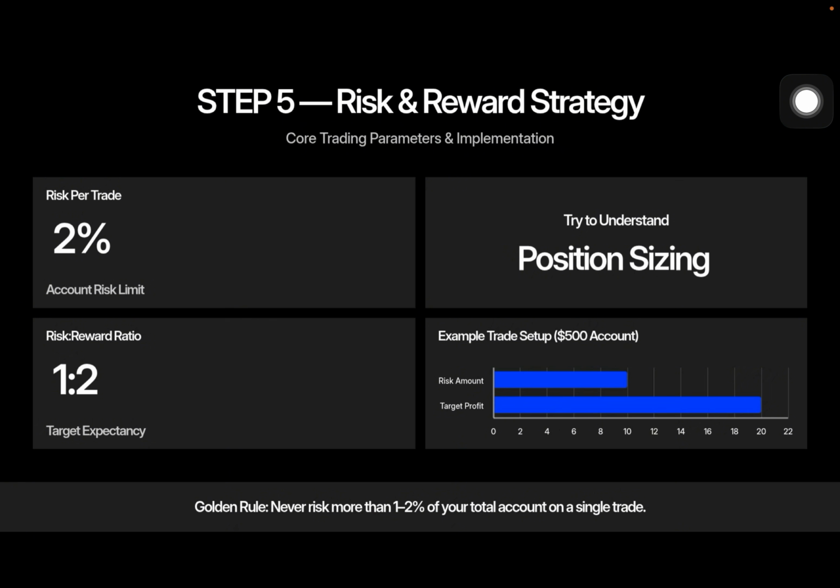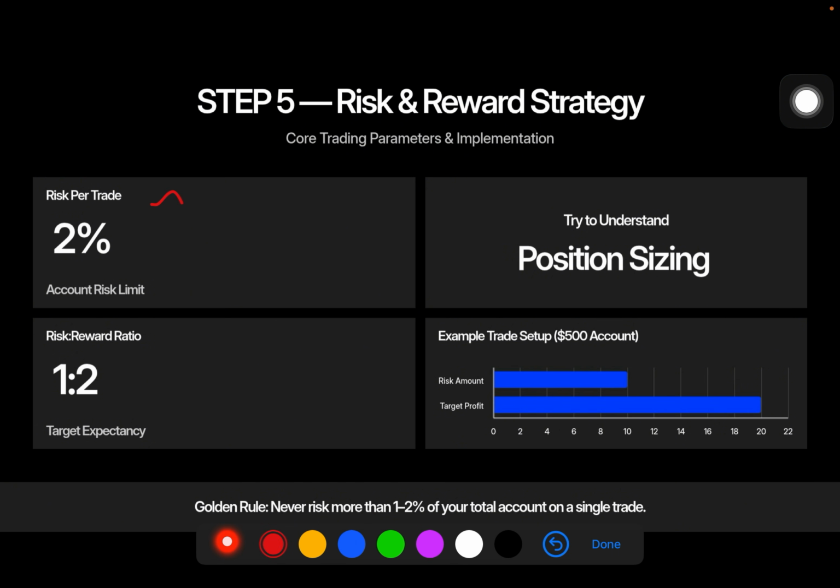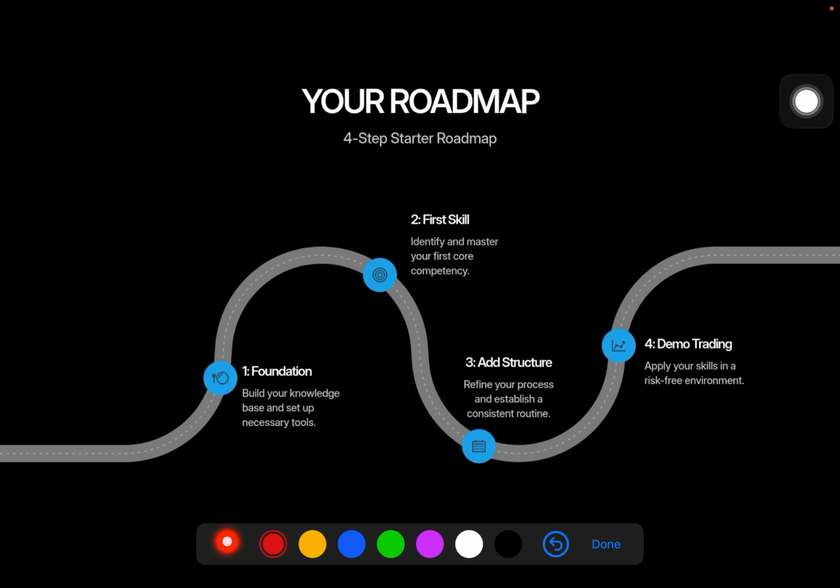So the basic concept is you need to understand the risk per trade, how to do position sizing, and the risk and reward ratio. The golden rule here is never risk more than 1 to 2% of your total account in one single trade. You need to follow this very strictly.